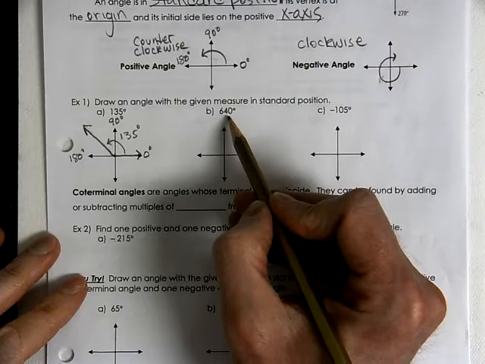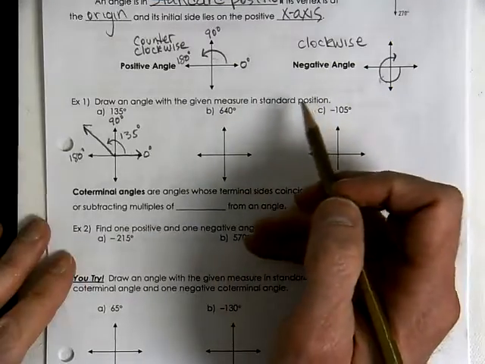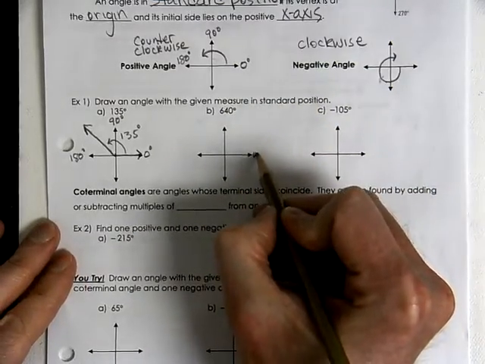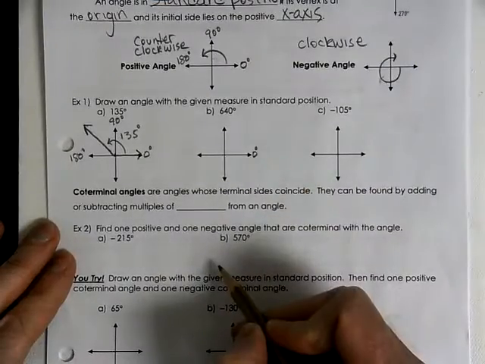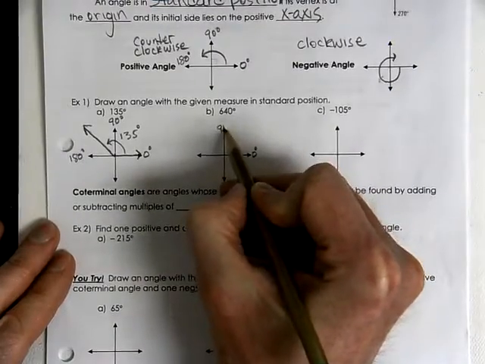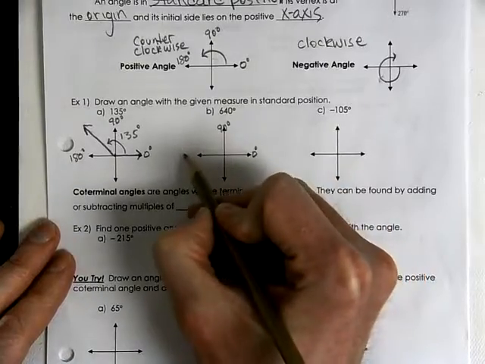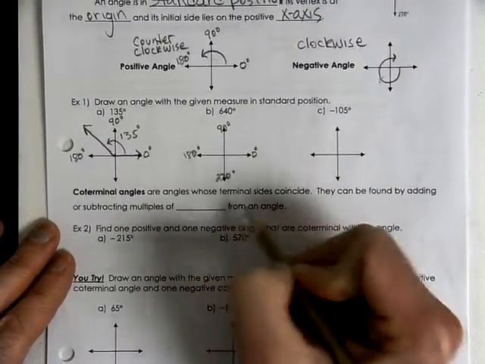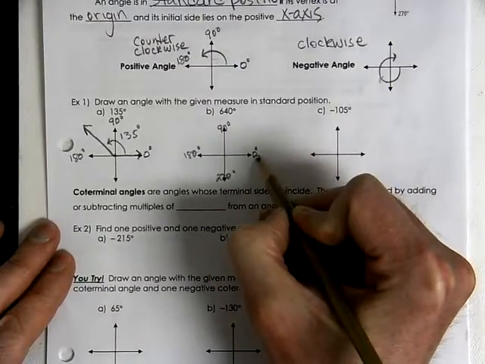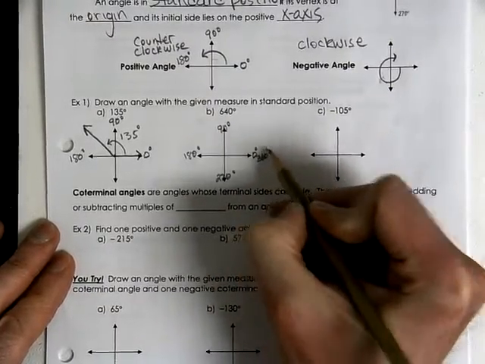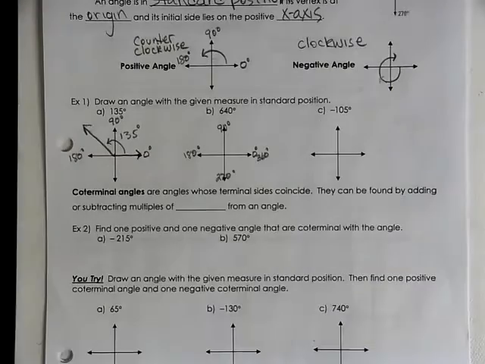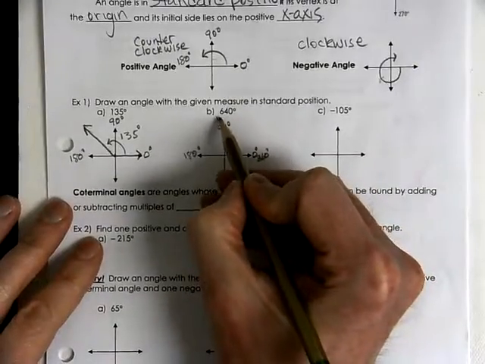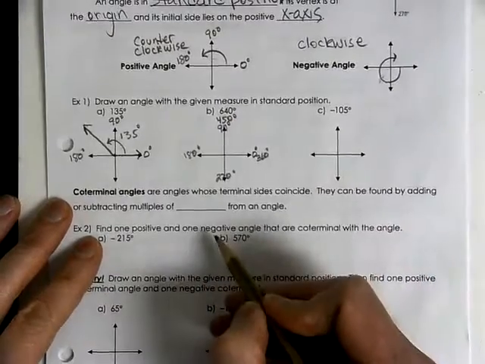640. I'm not sure where that is. Well, I know that this is 0. And if I go straight up, I get to 90, and 90 more puts me at 180, and 90 more puts me at 270, and 90 more puts me at 360. We're all pretty aware of that 360 all the way around. 90 more would put us at 450.